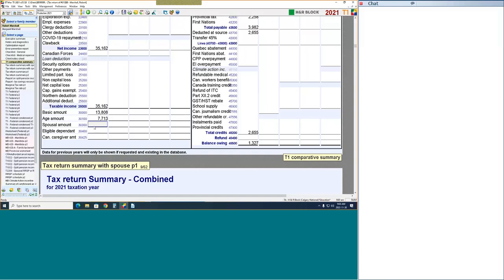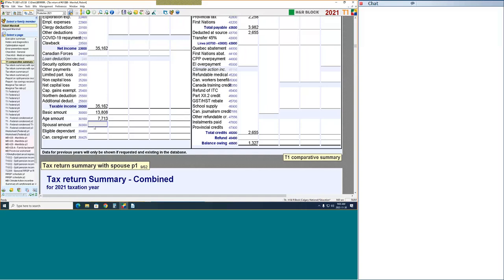It's very straightforward. If there's a split pension amount in there, that adjustment could potentially change literally everything. It could change who's claiming the medical expenses, who's claiming donations. It's going to change credits. It's going to change amounts of what is being split. All of those things have to be reflected in that adjustment.